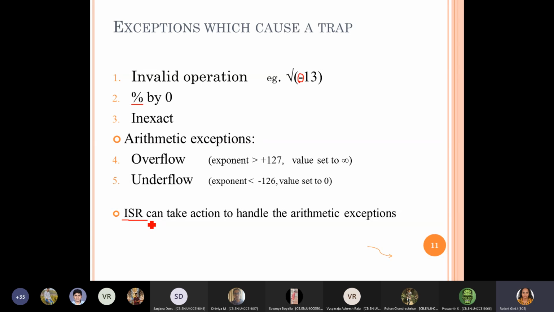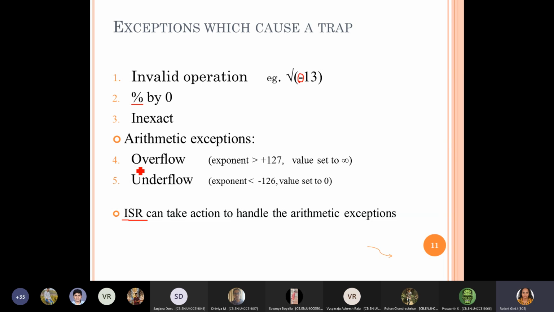Either that interrupt service routine can find out the remedy to do the process, like separating the sign bit and magnitude and then process it and then give the result back, or it should have the mechanism at least to inform that the operation cannot be carried out, some error in the representation.